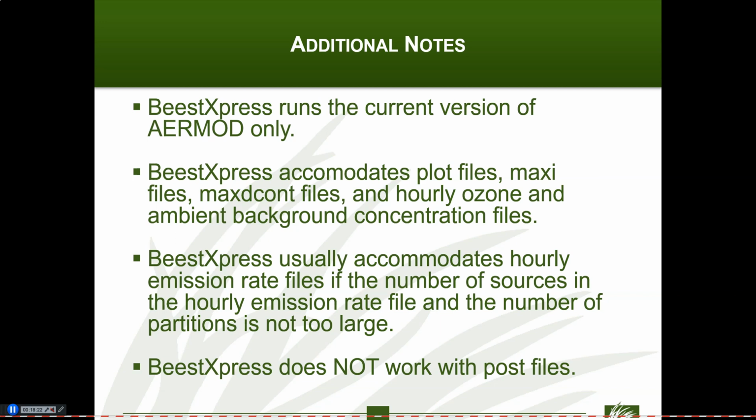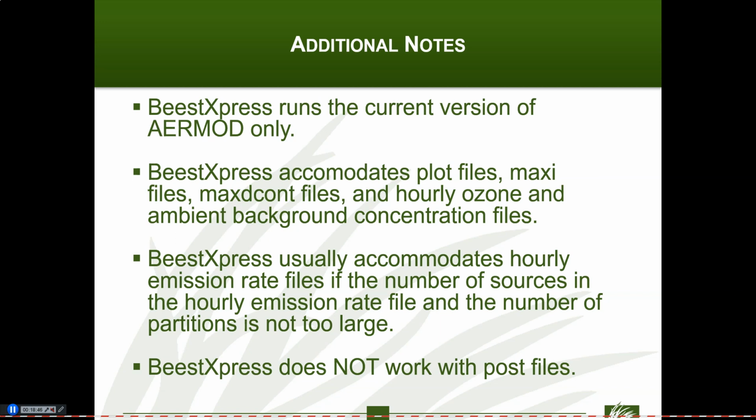BeestXpress usually accommodates hourly emission rate files. However, there have been occasions where we've had a very large number of sources in an ambient emission rate file, and it does bog down BeestXpress if it is super large, like we were doing a SO2 attainment modeling demonstration.